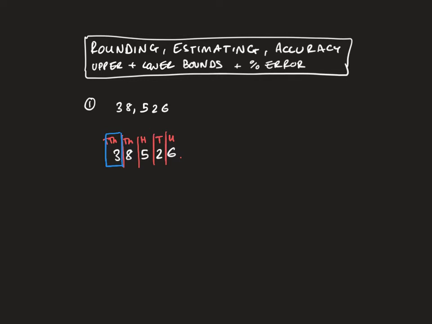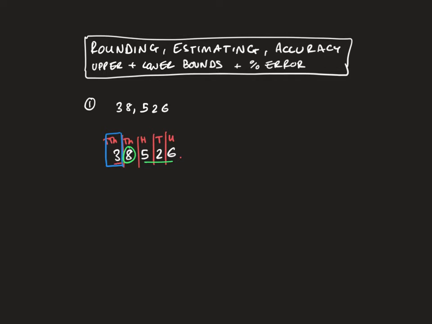Now what we do, if we're rounding to the nearest 10,000, is we look at the number just after it. All the other numbers aren't relevant. They don't matter. It's the number just after it that matters. So what we have here is an 8. Now, if the number is 5 and above, it causes this first number to round up.